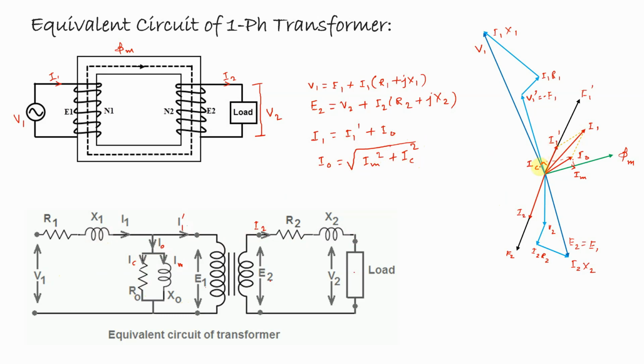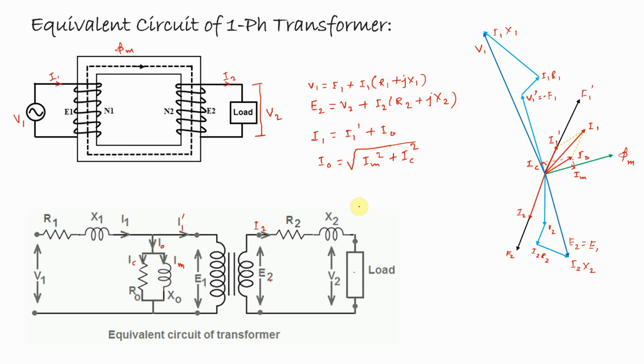Here we can see that IC is almost in phase with the primary side voltage. And we know that a current in phase with the voltage means the element should be resistive. That's why the current IC is represented as flowing through a fictitious resistance, that is R0.